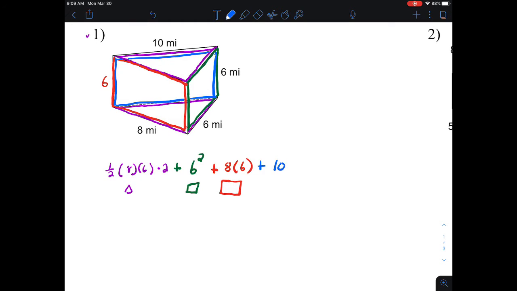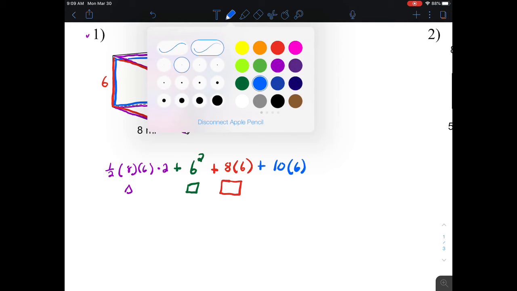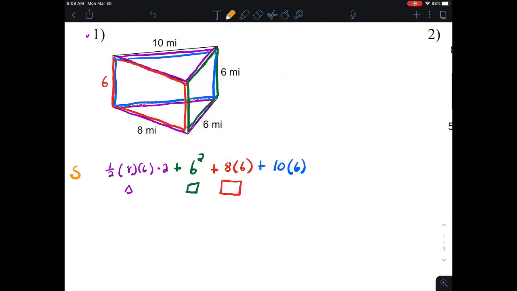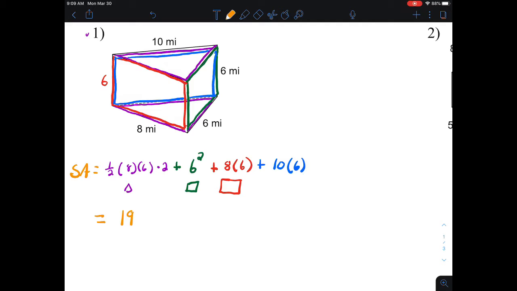So 10 times 6 gives me that area. So my surface area is going to be the sum of all those individual areas, which would give us 192. Now my units are still going to be squared because it's a form of area. So 192 miles squared.